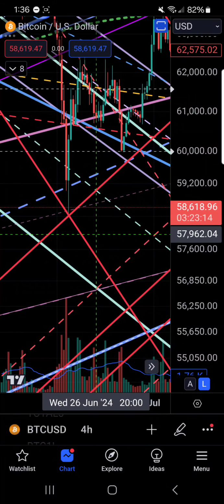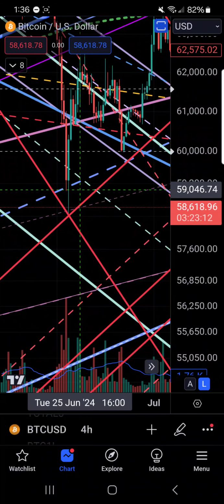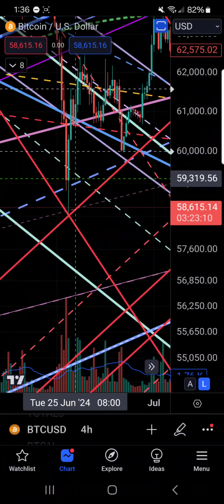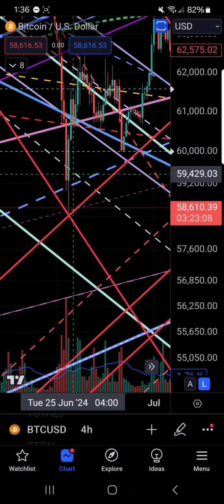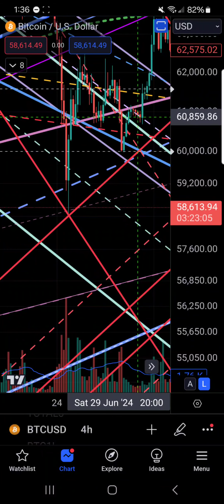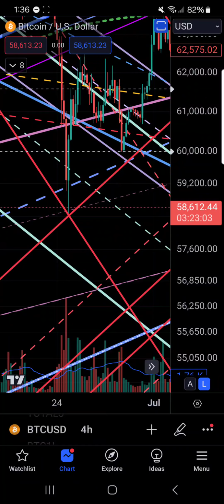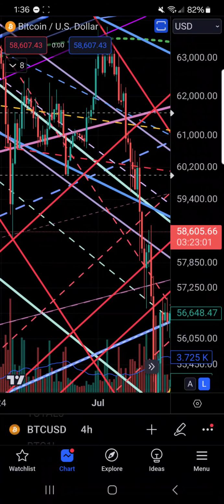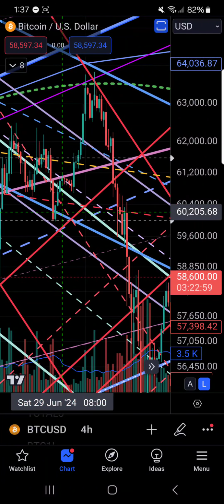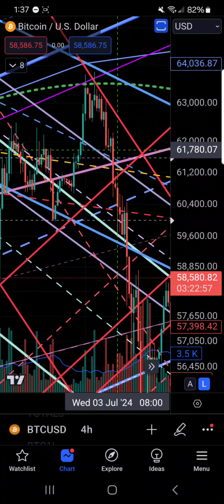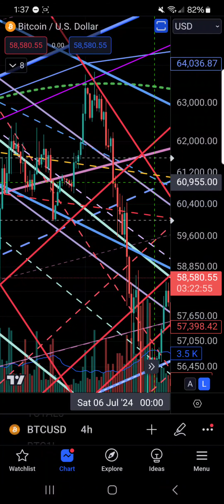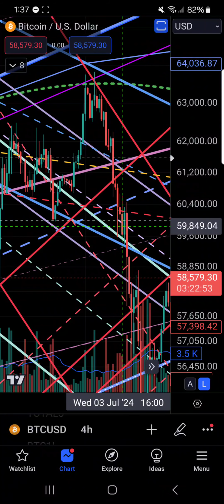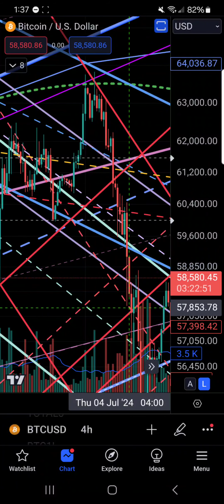Well, here's the center line of one of our blue channels, and we came right down to it and held it as support, bounced off of it, came back down to it again, pretty close, and then bounced again up here, came back down to it, tried to hold it, and when we couldn't, we took a big dump down.